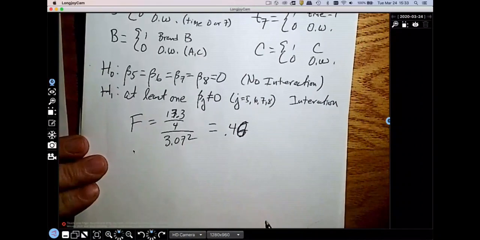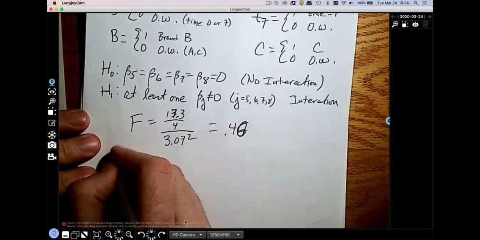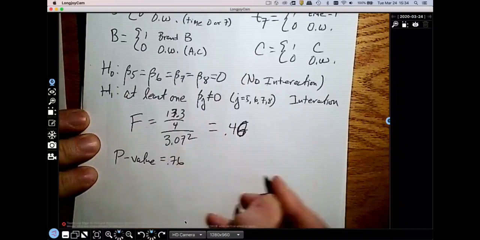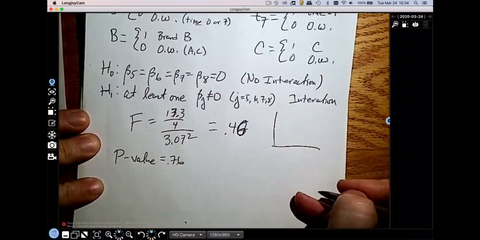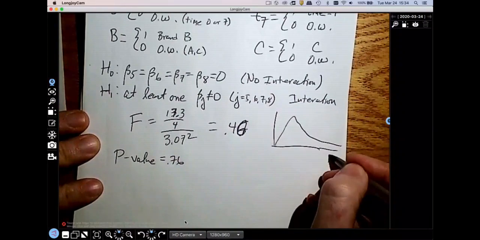Now, we could go look this up in the F table. And if you do that, you find the p-value is 0.76. One way to think about this is you have an F distribution out here.